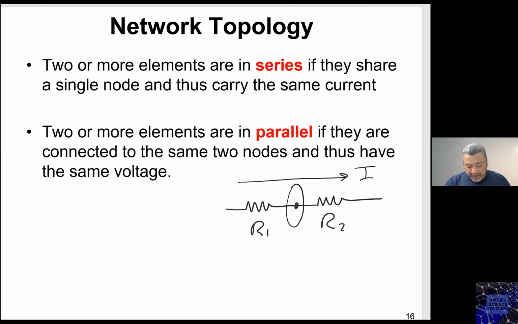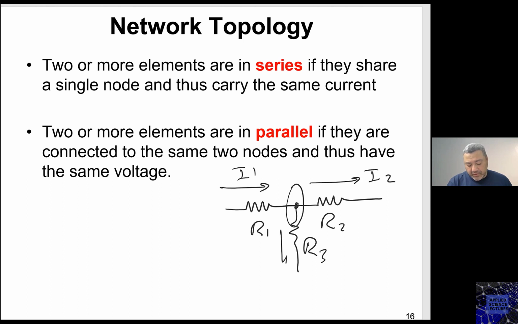If I have any additional component that I added, for example, this is going to result in this current not being the same in both R1 and R2. In this case, this current is going to split into I2 and I3. And in this case, R1 and R2 are definitely not in series.